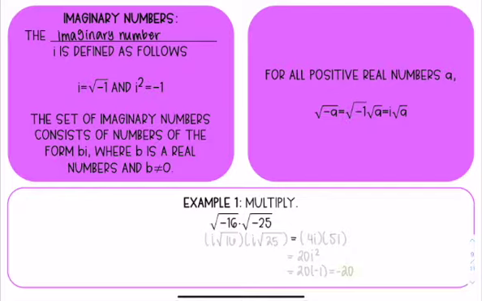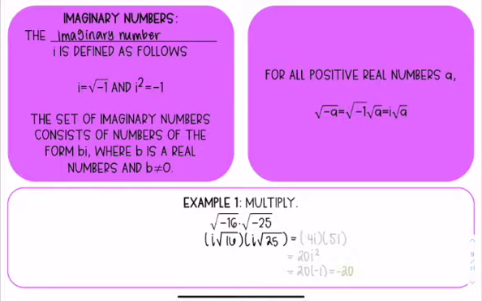And so let's look at example number 1 first. We have the square root of -16 times the square root of -25. The first thing we want to do is pull the i out front. And so the square root of -16 is going to turn into i times the square root of 16, and the square root of -25 is going to turn into i times the square root of 25.